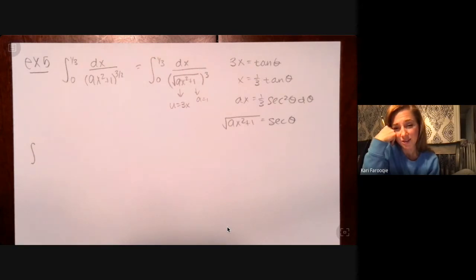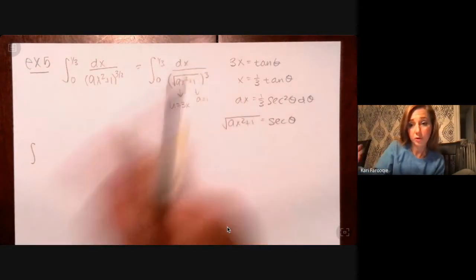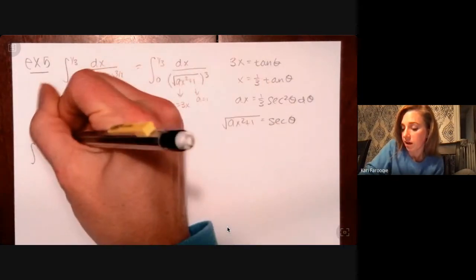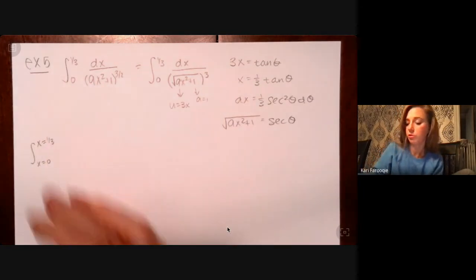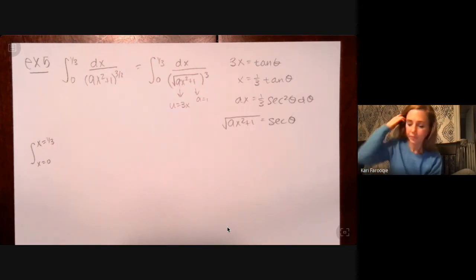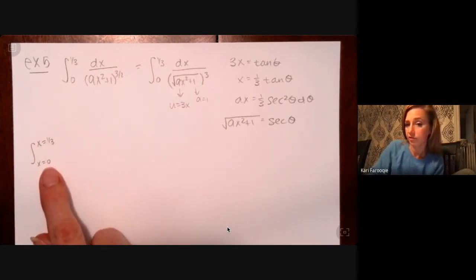You're essentially applying the same process regardless, but I'm going to do back substitution right now, and maybe in a later example I'll switch the limits to theta. For now, if you want to keep your limits on there so you don't forget to eventually apply the FTC, you might want to write them as x equals 1/3 and x equals 0, so you don't confuse them with your theta variable of integration. If you keep them, make sure you note that they're x limits and not theta limits.